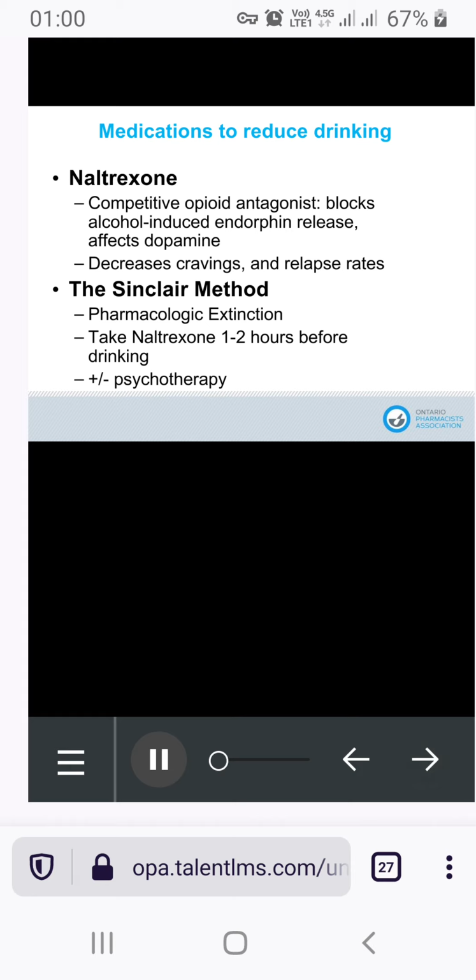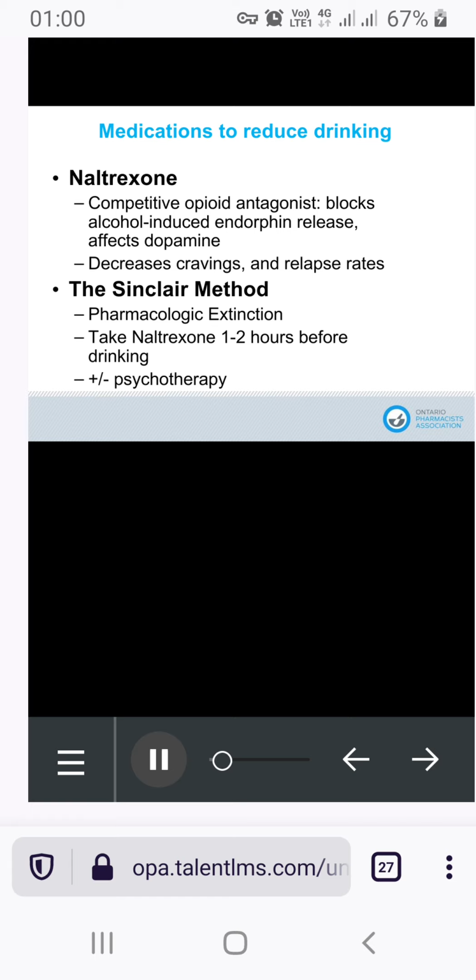Medication to reduce drinking: naltrexone, a competitive opioid antagonist, blocks alcohol-induced endorphin release, affects dopamine, and decreases craving and relapse rates. The Sinclair method: pharmacologic extinction.